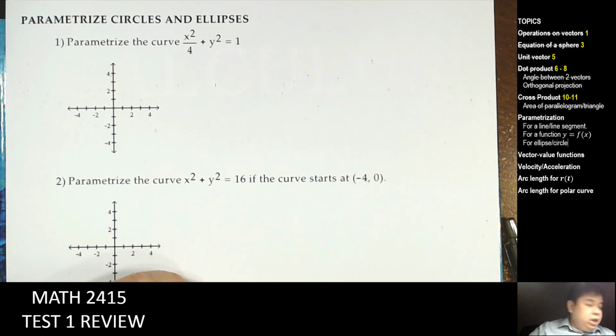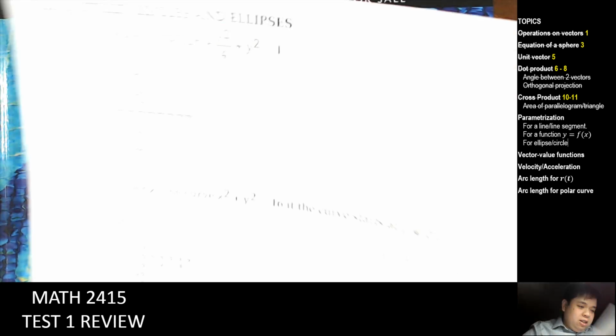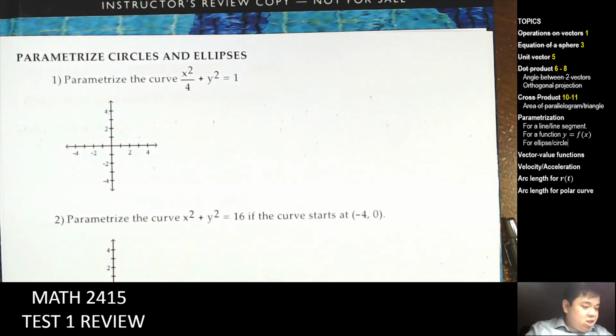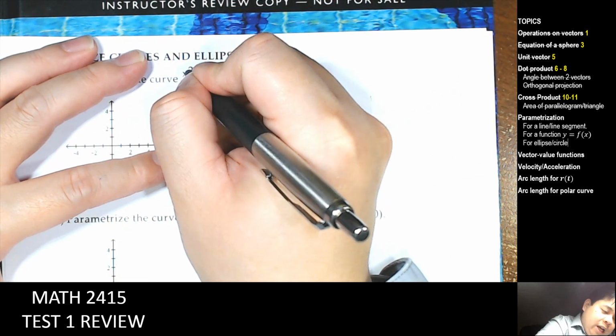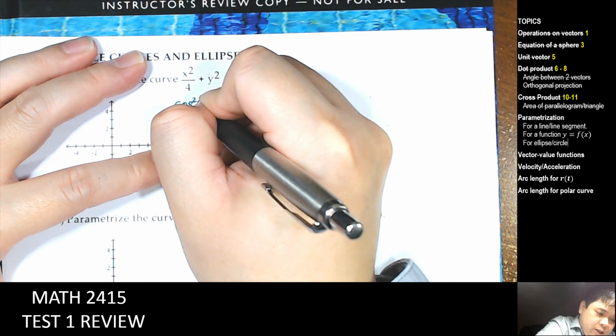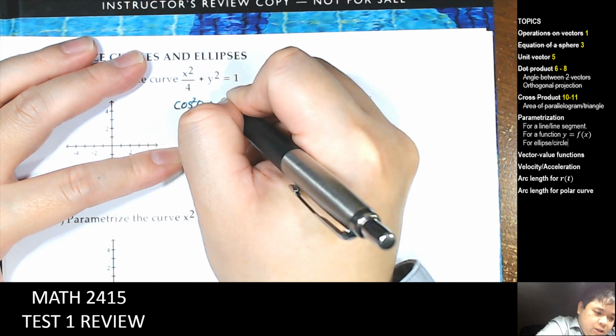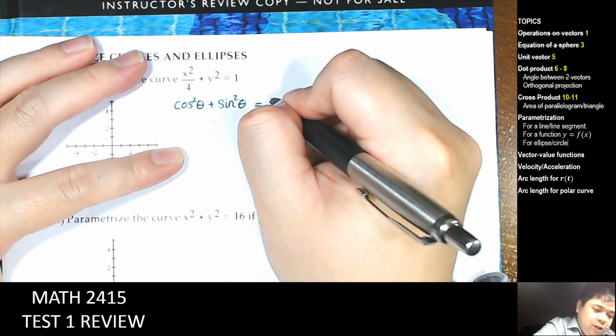So naturally, when we have this type of problem, we're going to compare to the quick identity that we know: cosine squared plus sine squared equal to 1.